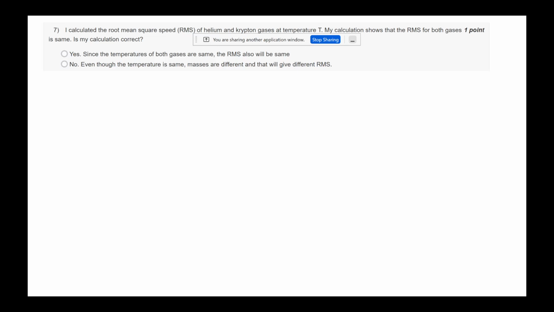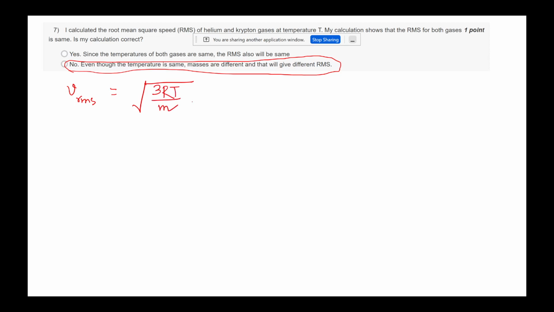Any of you with some guess? I think you shouldn't have guessed it. You have probably got the answer. Yeah, option B. So as we know, V RMS is equal to root over 3RT by M. They have different masses because they have different molecular weights.